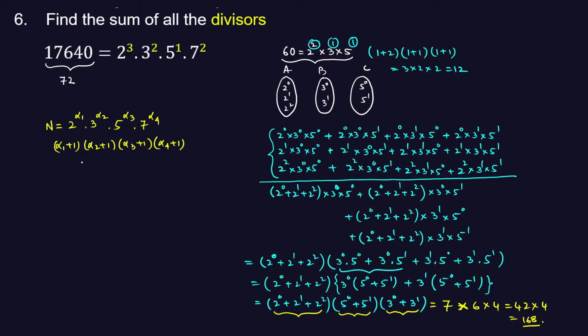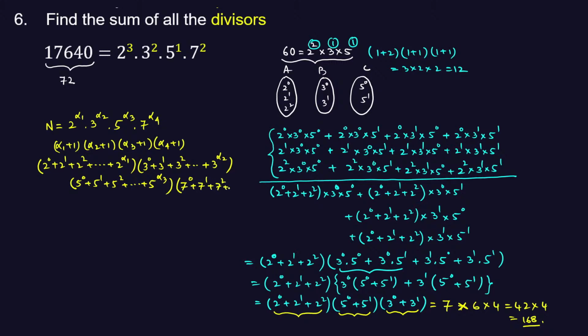Now, I want to add all those divisors. Then what will be your answer? Your simple answer will be, sir, it will be 2 to the power 0, 2 to the power 1, 2 square, and this goes till 2 to the power alpha 1, into 3 to the power 0 plus 3 to the power 1 plus 3 square, and it goes till 3 to the power alpha 2. Then it is 5 to the power 0, 5 to the power 1, 5 square, till it goes to 5 to the power alpha 3, and 7 to the power 0 plus 7 to the power 1, 7 square, till it goes to 7 to the power alpha 4.